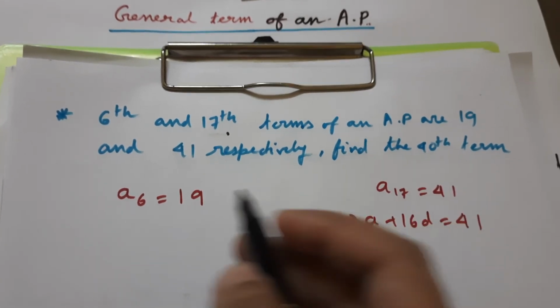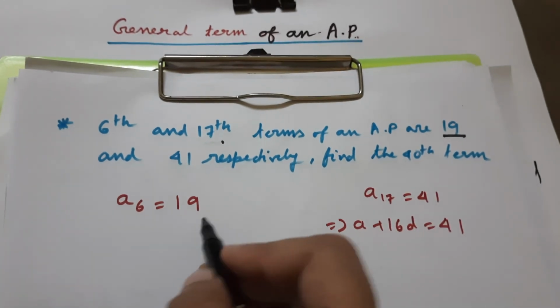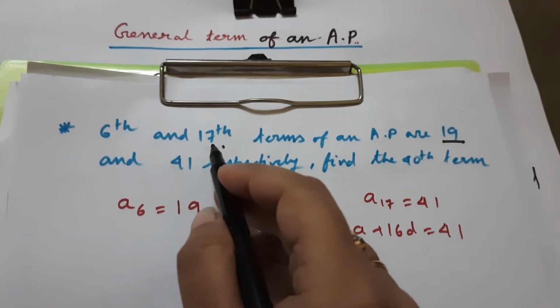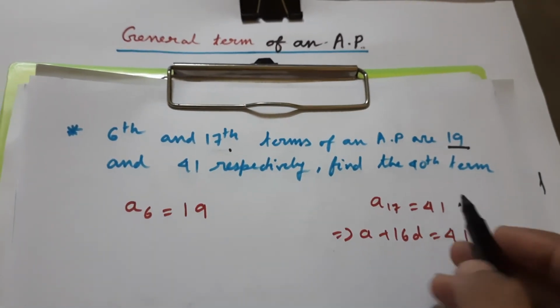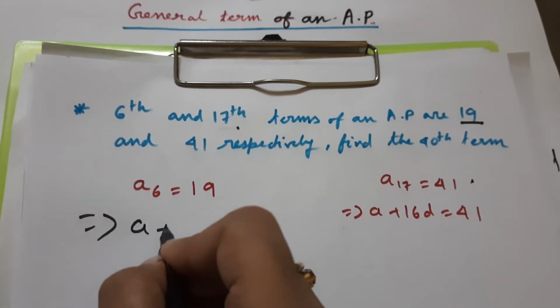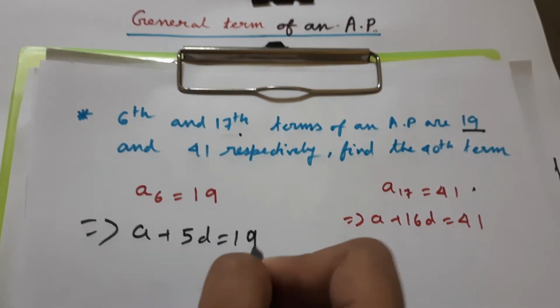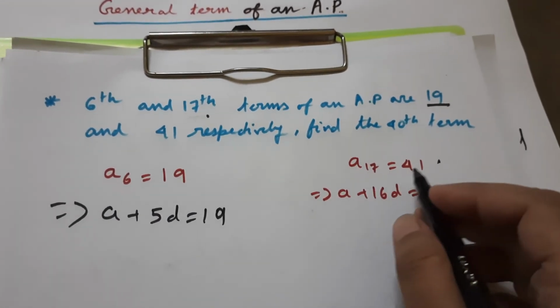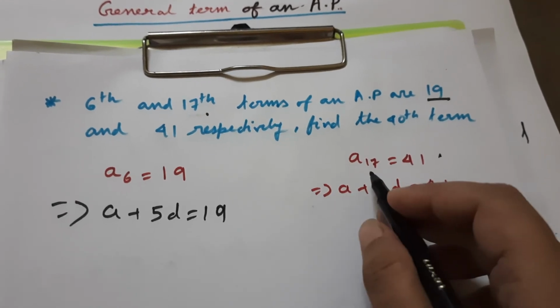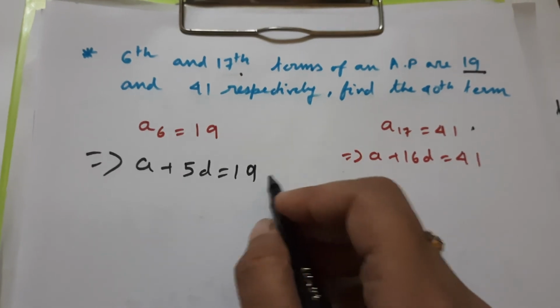So A6 equals 19 and A17 equals 41. By the formula, A6 is a plus 5d equals 19, and A17 is a plus 16d equals 41. We solve these two equations.